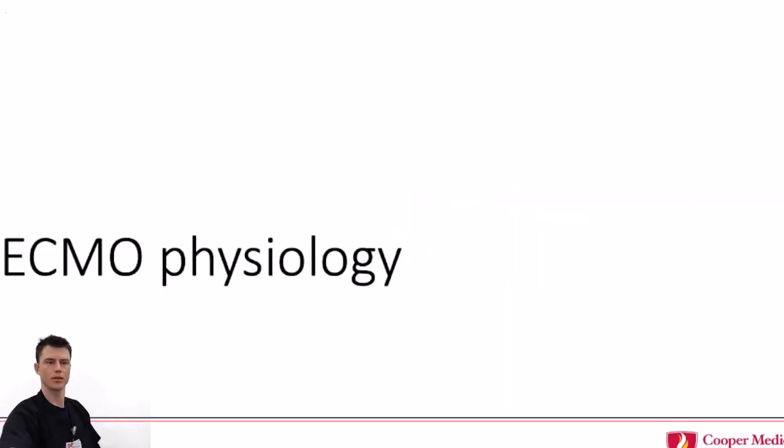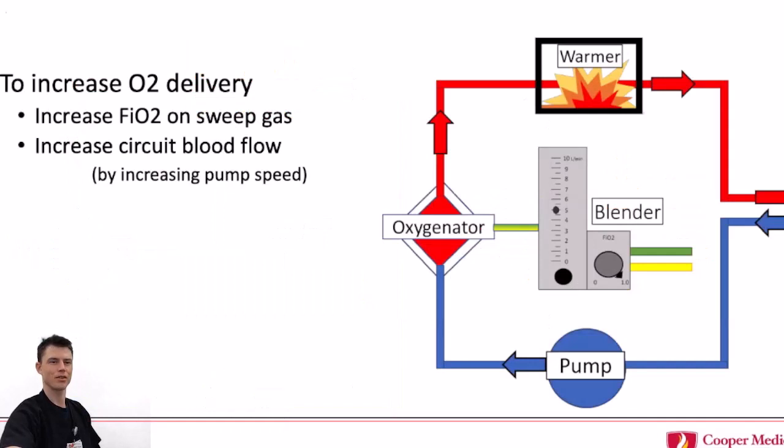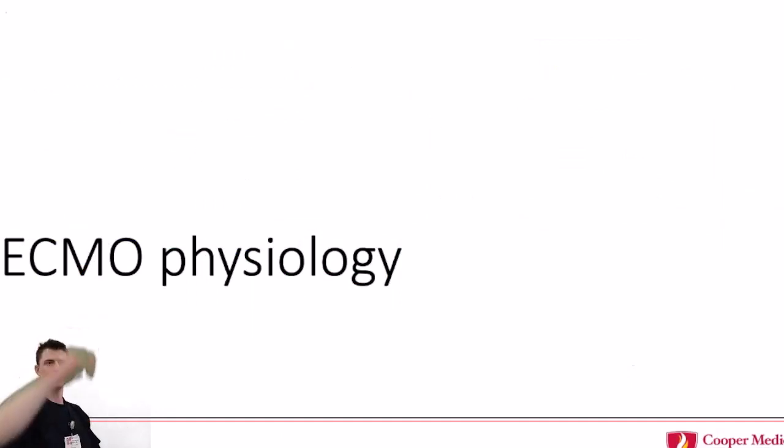All right. What about the physiology? Which knob do we turn? Actually, let me go back. You guys probably already read it. So what do we do to improve oxygenation on a patient?